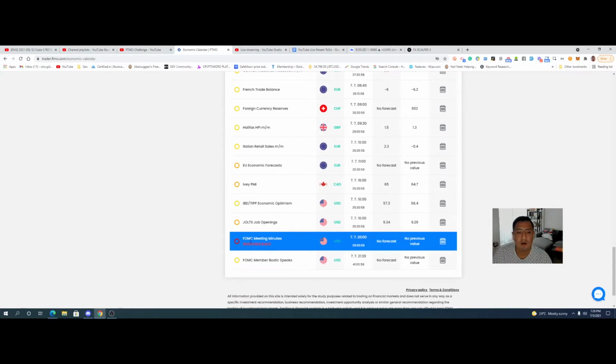Okay, so we have the FOMC, which is really important, and it looks like this is on the 7th, which is on Wednesday. And so this is a really impactful restricted event. So we will not be able to trade this, and so I'm going to try this out this time: I'm going to let all the pairs trade, and then when this news happens on Wednesday, I'm just going to turn off the bot, so that no trades can open and no trades can close, and then after I'll turn it back on, regardless if there's any trades.